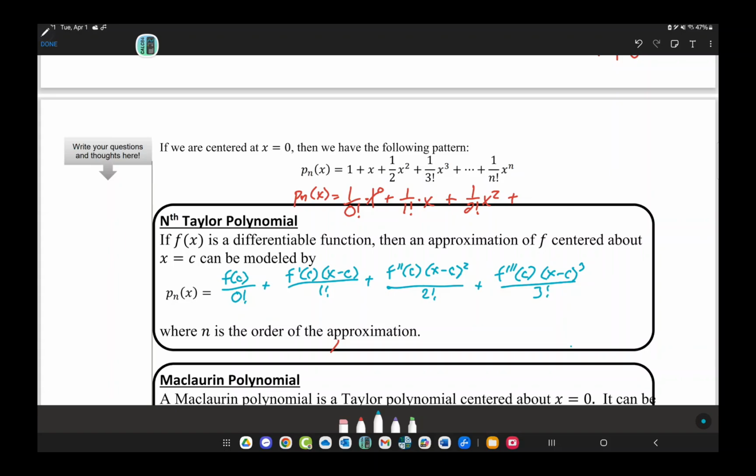Did we see a pattern? So what is my nth term going to be? f to the nth prime of c times x minus c to the n over n factorial.